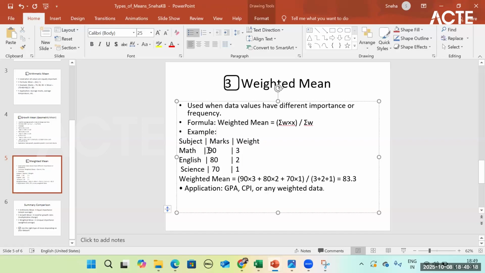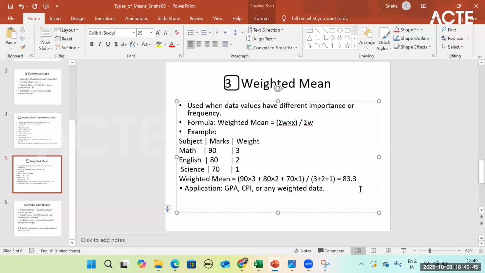So over here maths will carry 3 weightage, English will carry 2 weightage and science will carry 1. So how it is calculated is 90 into 3, that is marks into weight, marks into weight, marks into weight, divided by the total weight. Understanding? Yes, ma'am.